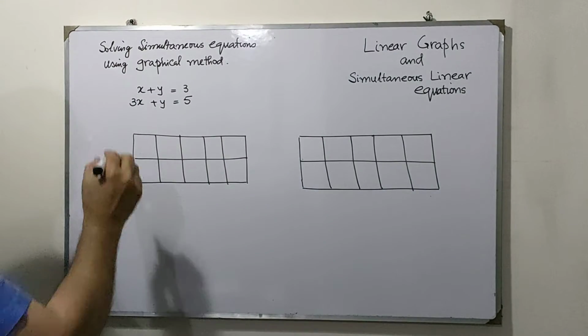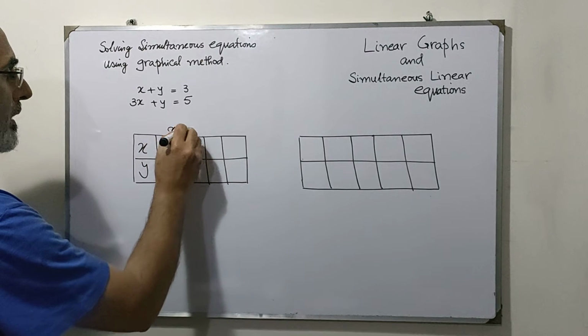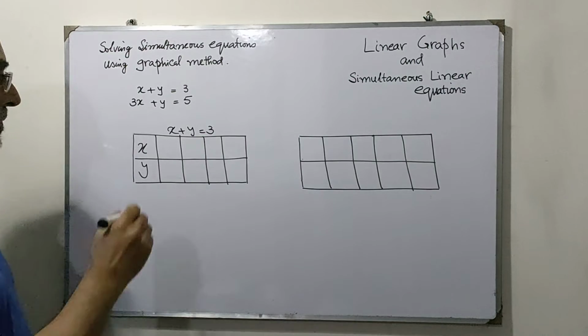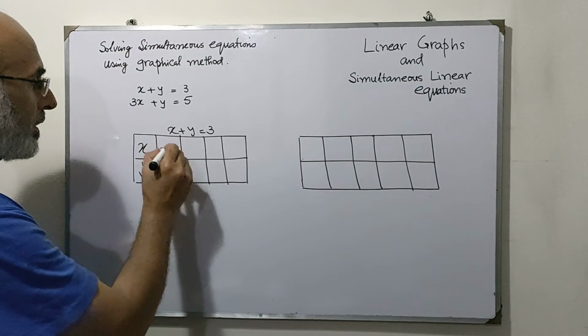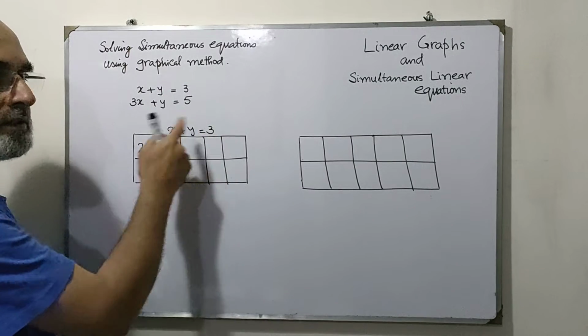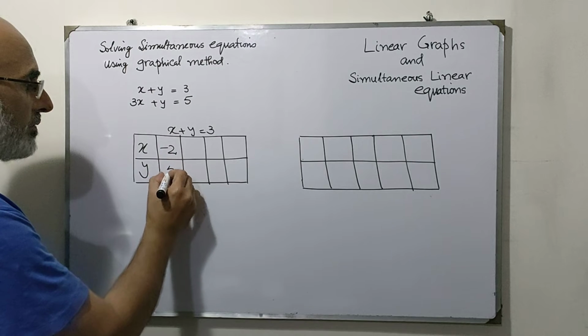Okay, so for the first equation, x plus y is equal to 3, I'm going to take x as minus 2. When x is minus 2, it goes to the other side and becomes plus, so the value of y is 5.